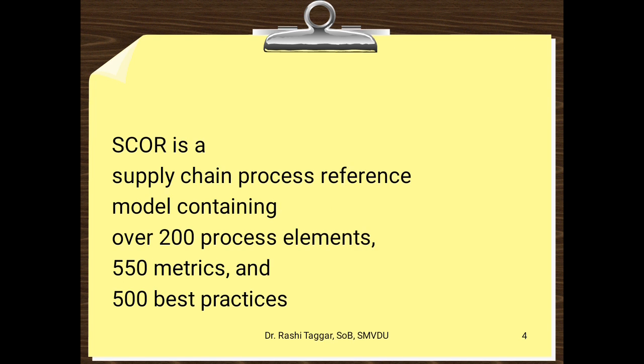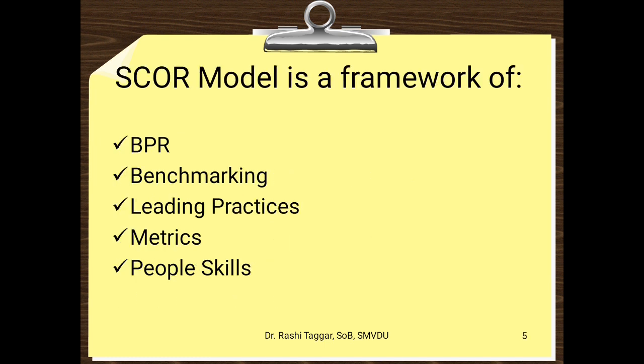SCOR is a supply chain process reference model which has more than 200 process elements, 550 metrics, and 500 best practices. This model is a combination of elements of business process reengineering, benchmarking, leading practices, metrics, and people skills.